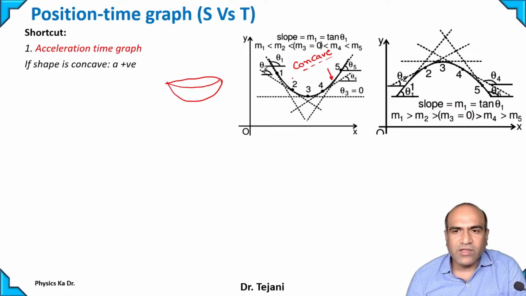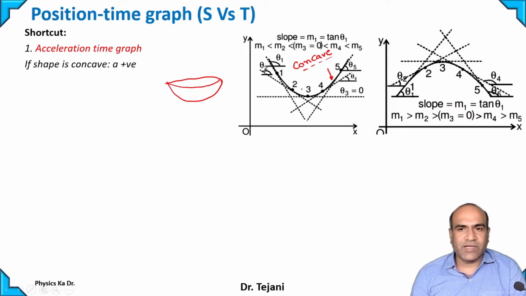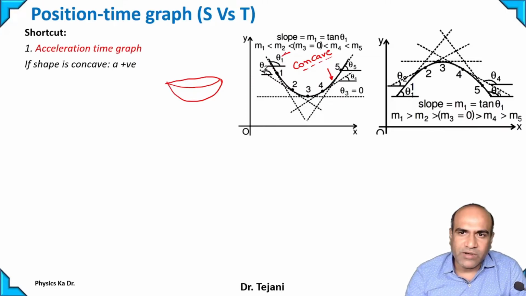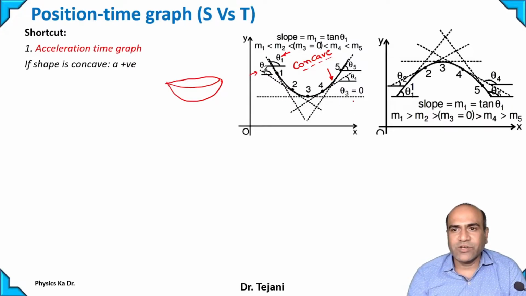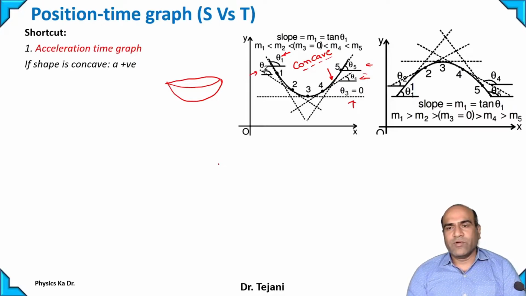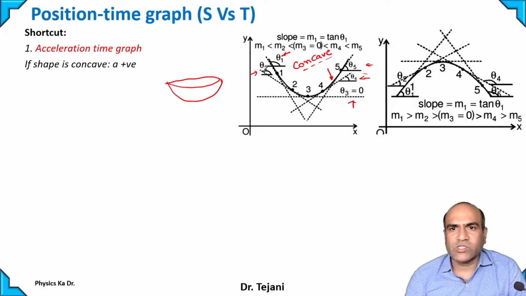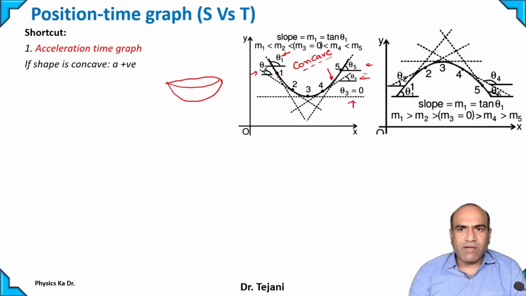If we move from this point, the first position is theta 1, this tangent is showing the first position theta 1, then theta 2, theta 3, theta 4, theta 5. If you see the slopes, the first, m1, has the largest slope.